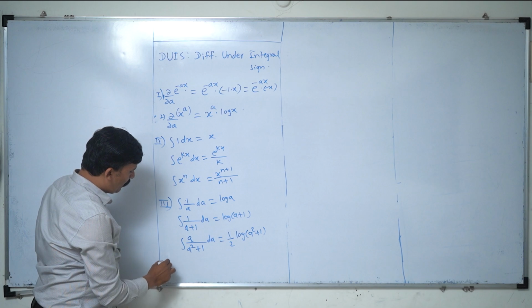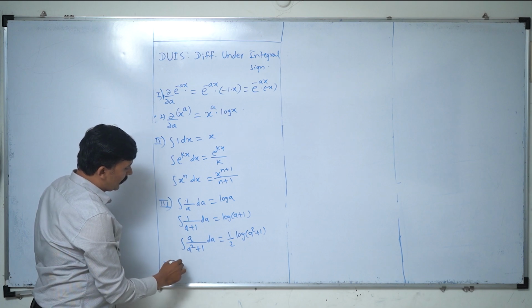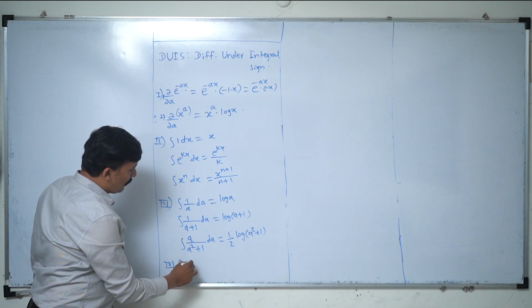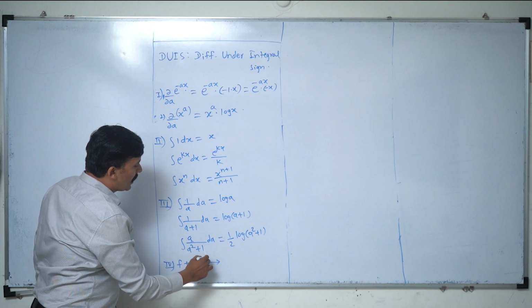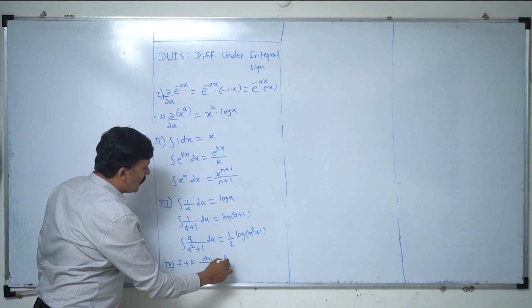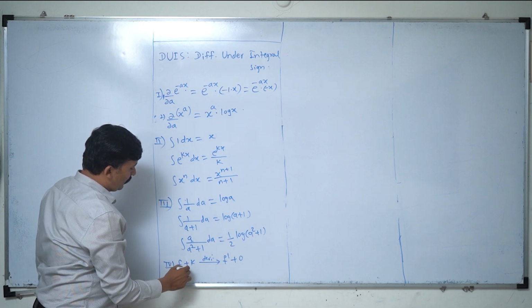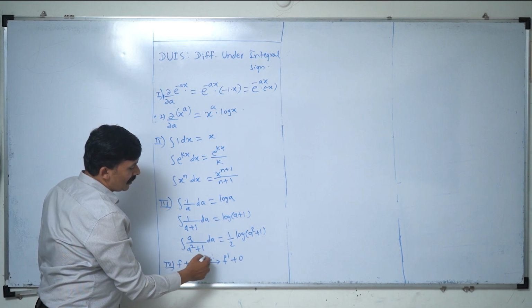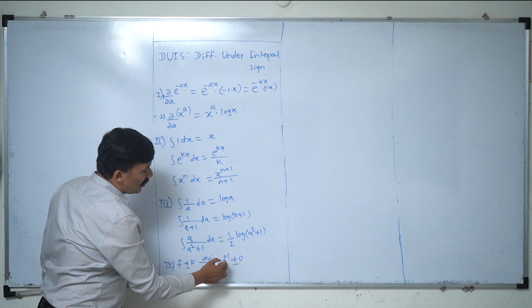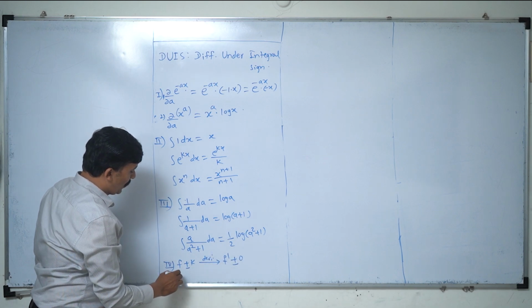Then the fourth part is: function plus constant. Its derivative is the derivative of function plus 0. Second, function minus constant. Its derivative is also the derivative of function minus 0.